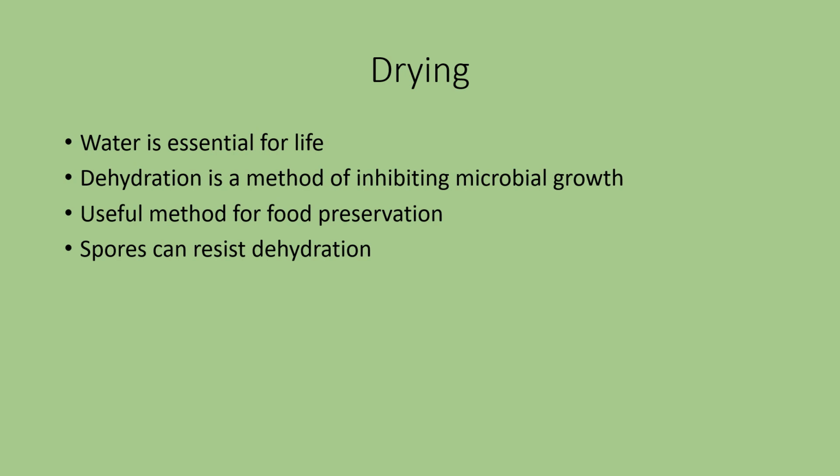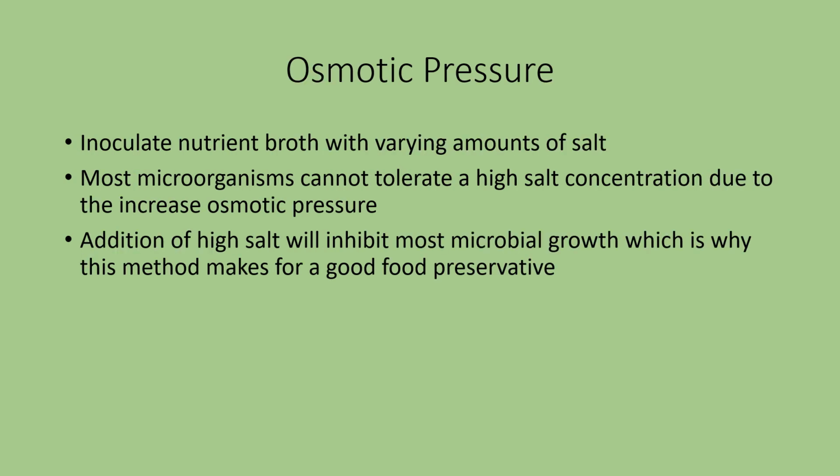So that's been used from way back, hundreds of years ago, as a means of preserving food. You do have to be careful that spores, if they are present, can resist the dehydration process. So you just be aware of that.